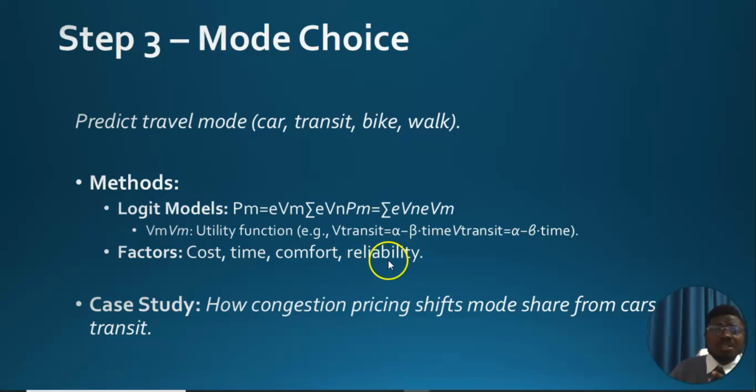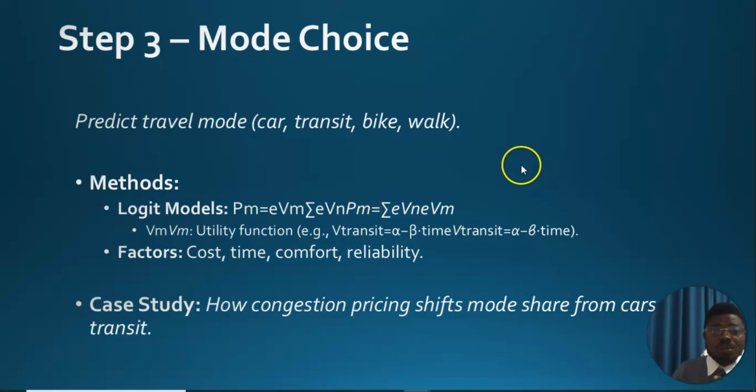And the reliability, also the ability to know that yes, there won't be any form of delay, it's reliable. So these are some of the factors that might be taken into consideration when deciding or predicting the travel mode which one can opt for. And here it says how congestion pricing shifts mode share from cars to transit.